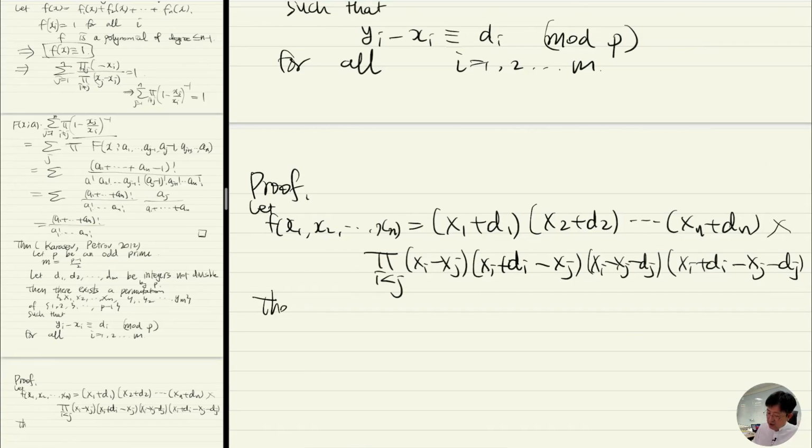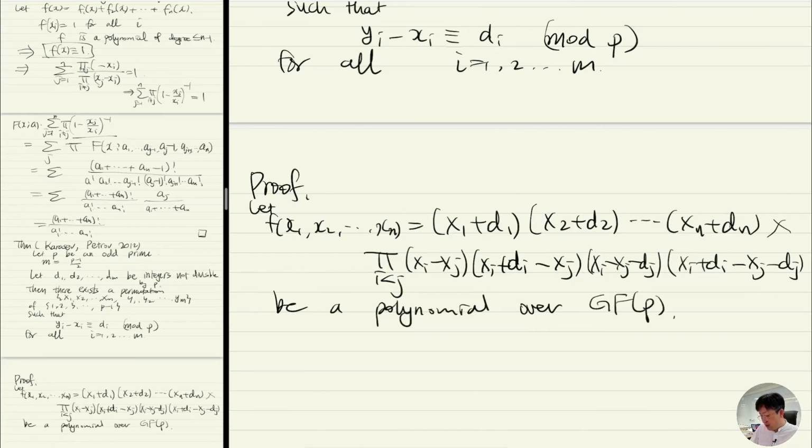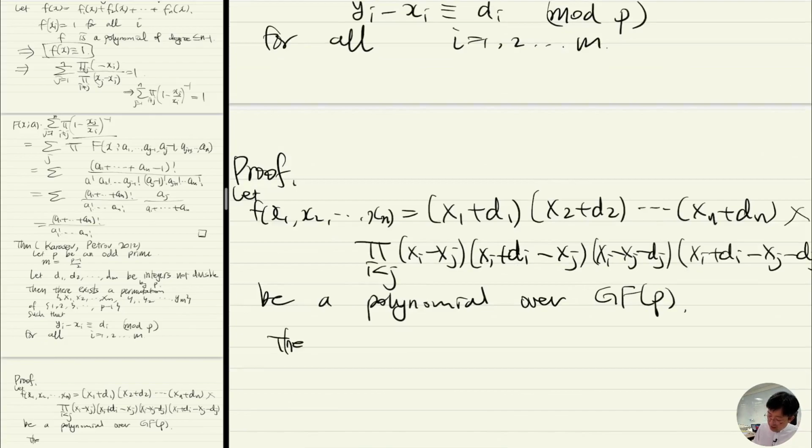Now the degree. This will be a polynomial over the finite field of size p. All right, so the degree of f is equal to, oh wait, I should have m variables.